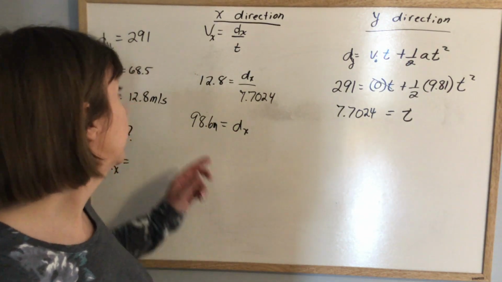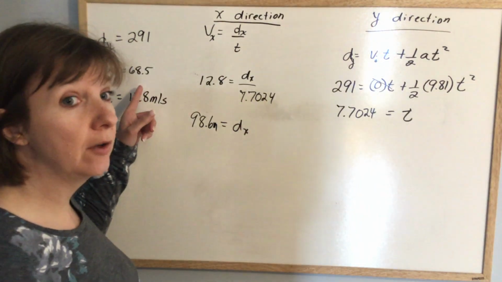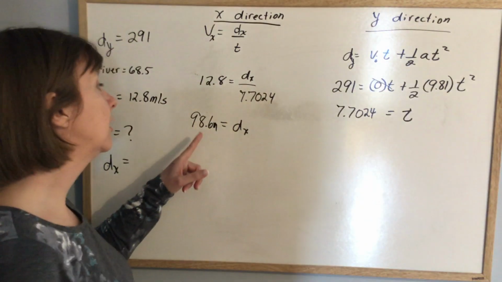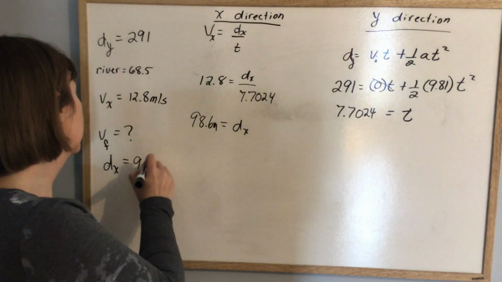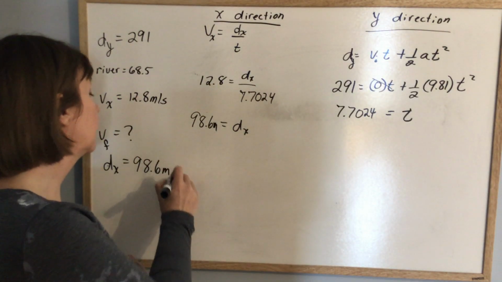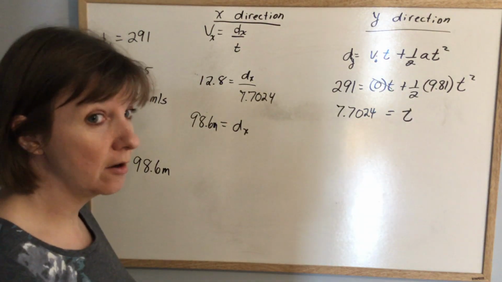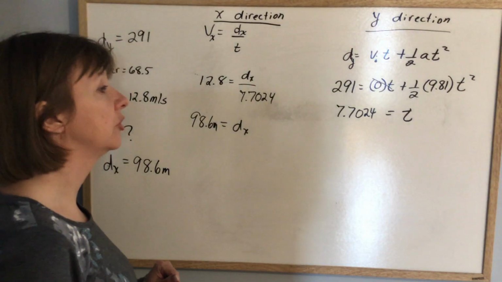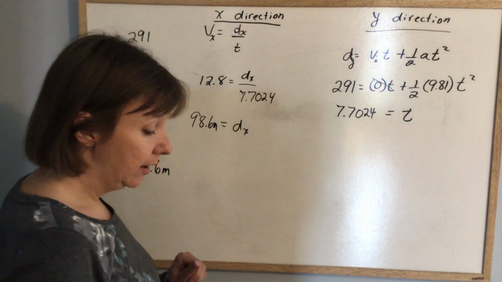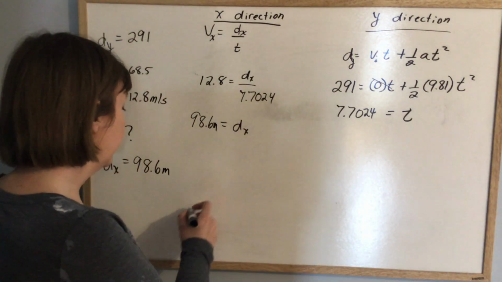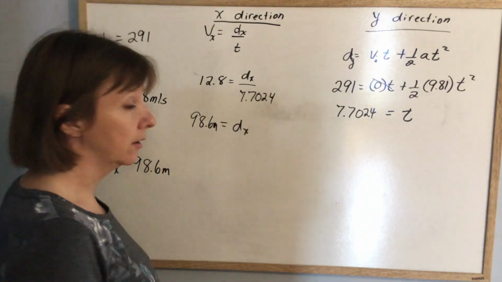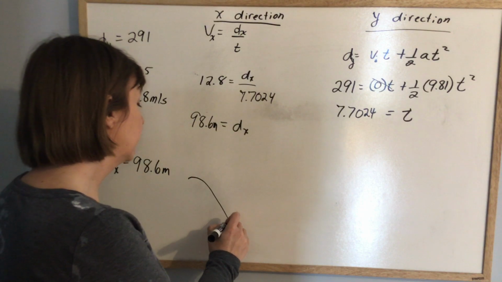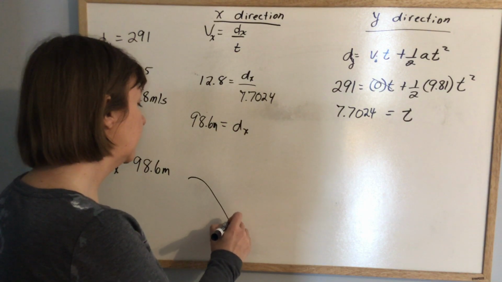So remember that the river was only 68.5 meters wide, and I'm actually going to throw it horizontally 98.6 meters. So that means it's not going to land in the water, it's going to land on the other side of the river. Now, the second part of that question asked, when it does land, and now we know it's landing on the ground, when it does land, with what velocity is it hitting the ground?